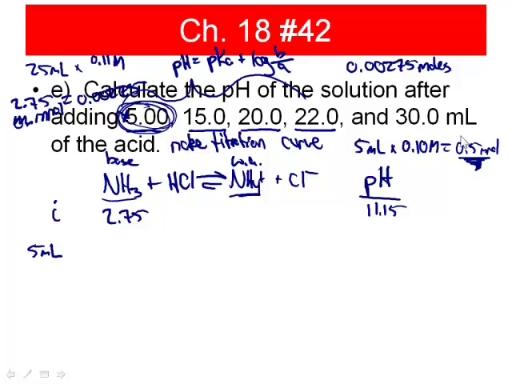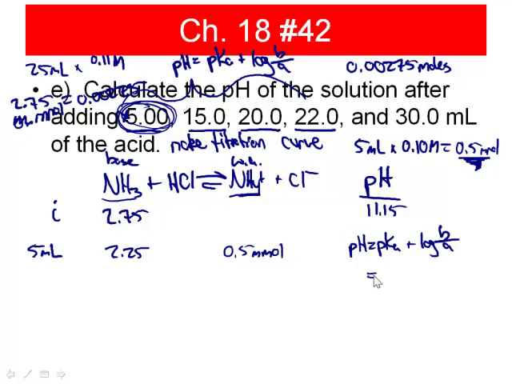So if I add half a millimole of my acid, half a millimole of this is going to get used up, and I'm going to have 2.25 millimoles remaining in solution. As I consume half a millimole of this, I make half a millimole of this. So I get 0.5 millimoles of this. Now, if I want to find the pH of the solution, this is just going to be the pKa value for the acid plus the log of the ratio of the base over the acid.